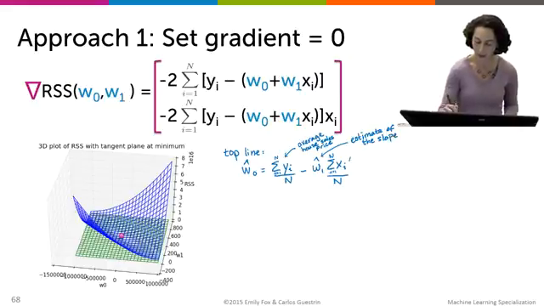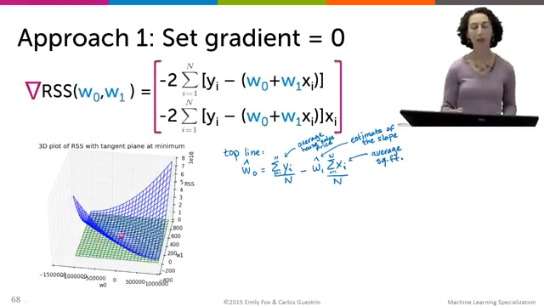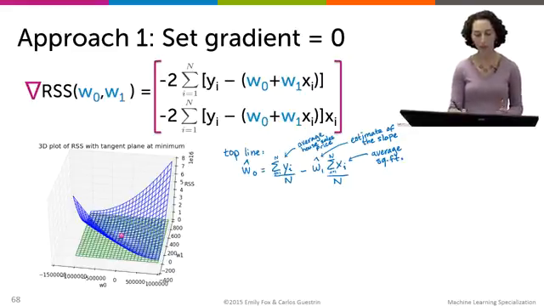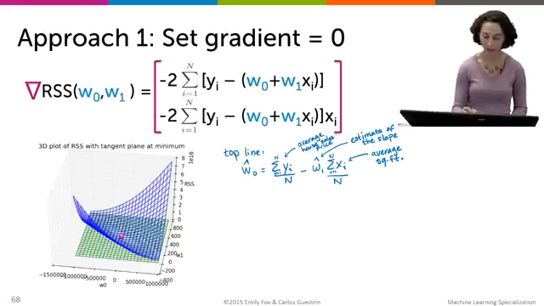That's W hat 1. And what is this term here that's multiplying W hat 1? Well, this is our average square feet of any house in our training data set. Okay, so there's a nice intuitive structure to our estimate for W hat 0.